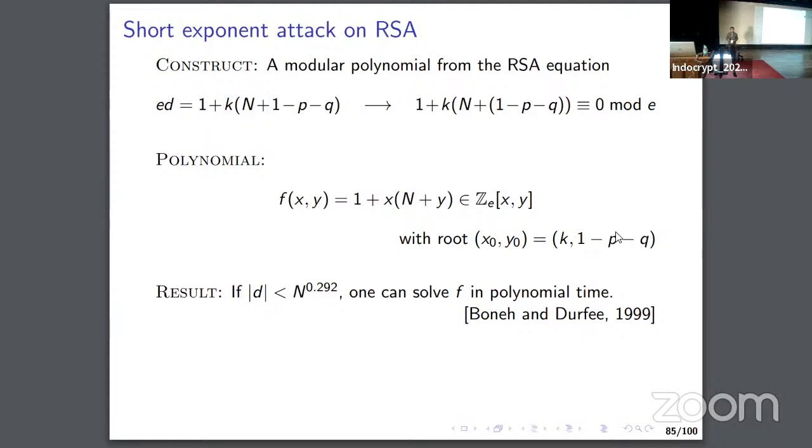Then after that, making everything very complicated and using some sophisticated calculation, they improved a little bit, from n to the power 0.284 to n to the power 0.292. Finally they conjectured this lattice idea should work up to n to the power 0.5, and this is still an open problem. So even if you go up to n to the power 1/3, that's also a very good result.